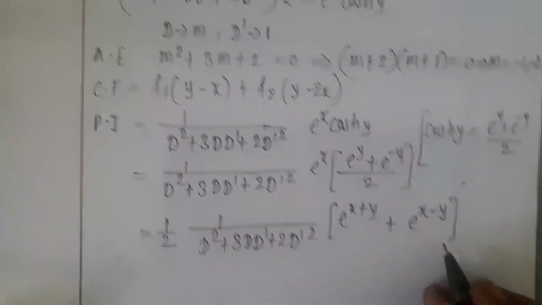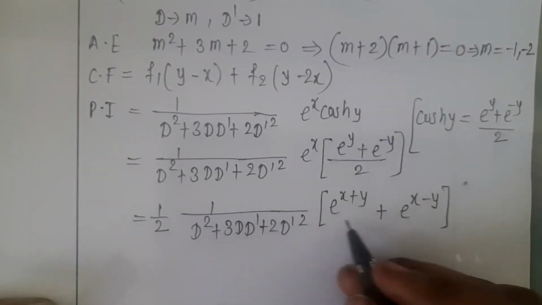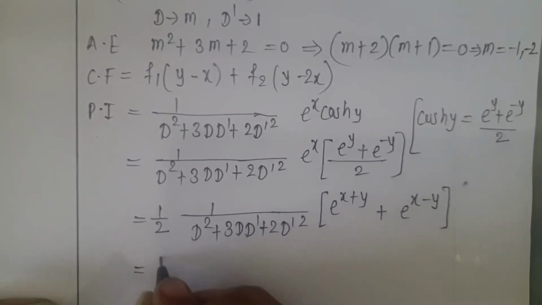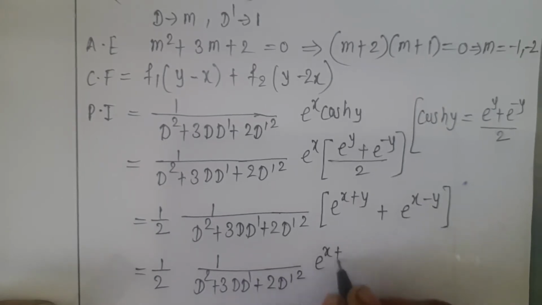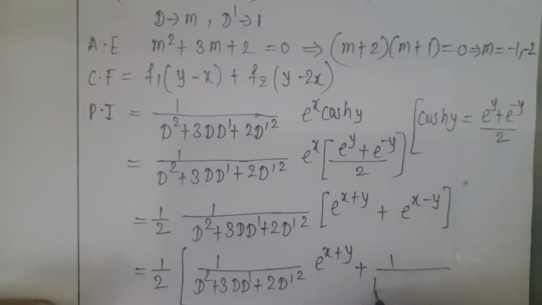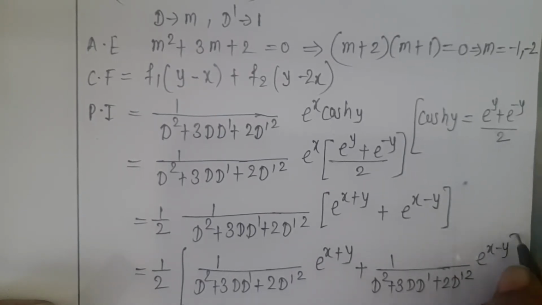Now we have two terms, so we have to separate this term of D for both the terms. It is equal to 1 by 2 times [1 upon (D² + 3DD' + 2D'²) multiplied by e^(x+y), this is the first term, plus 1 upon (D² + 3DD' + 2D'²) multiplied by e^(x-y)].